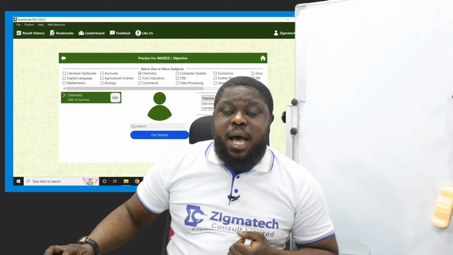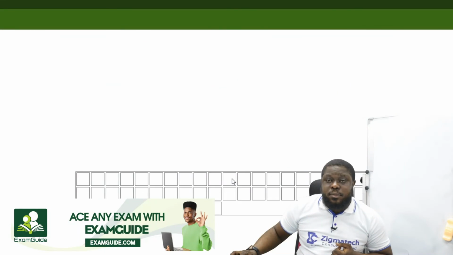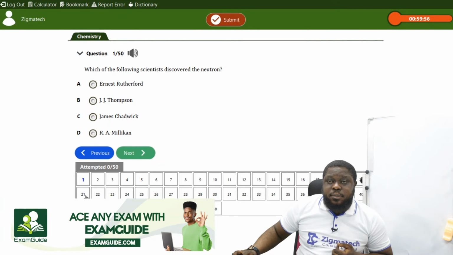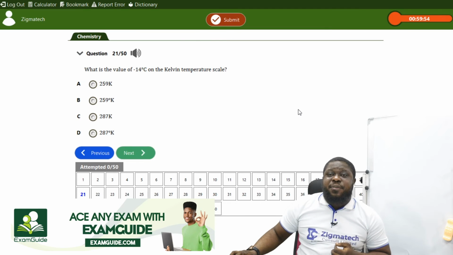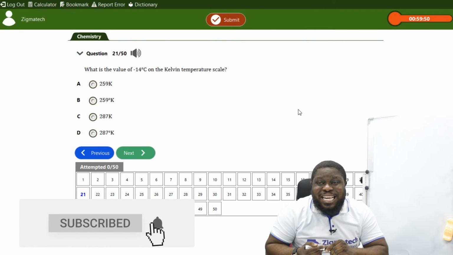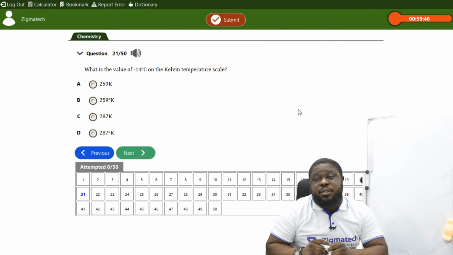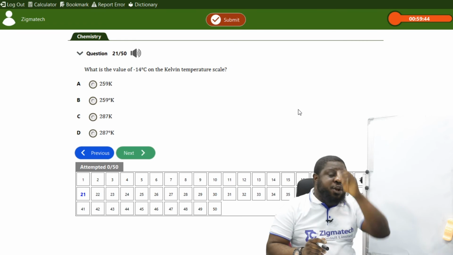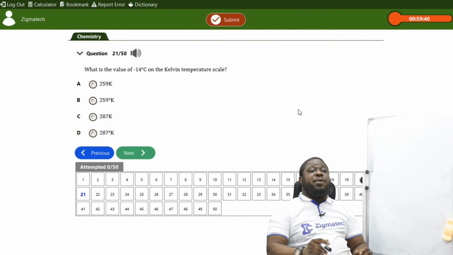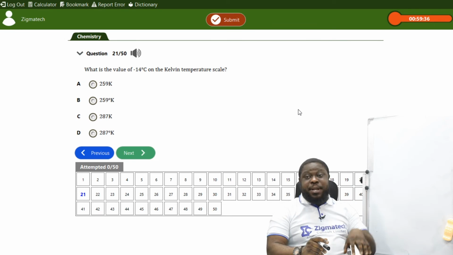Now this is 2009 number 21. They say, what is the value of minus 14 degrees centigrade on the Kelvin temperature scale? I told you, if you want to convert from centigrade to Kelvin, you have to add 273 Kelvin. 273 Kelvin, that is the standard temperature.